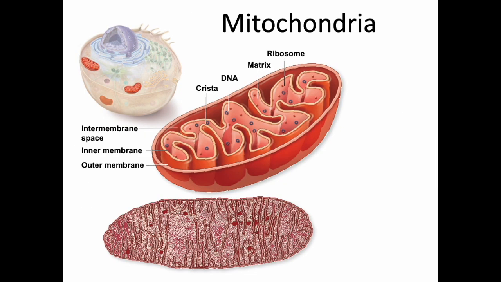The job, if I could zoom in on a mitochondrion here, the job here is to break down food. So the cell is taking in food, it's taking in energy, it's taking in molecules, and it needs to break down those things to generate energy.